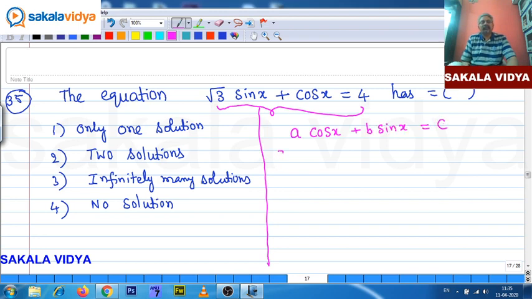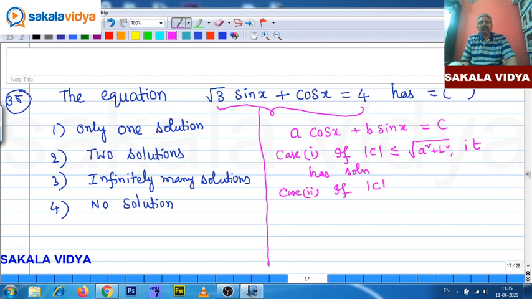Case 1: if mod c is less than or equal to root of a square plus b square, it has solutions. Case 2: if mod c is greater than or equal to root of a square plus b square, no solution. So let us check it now.